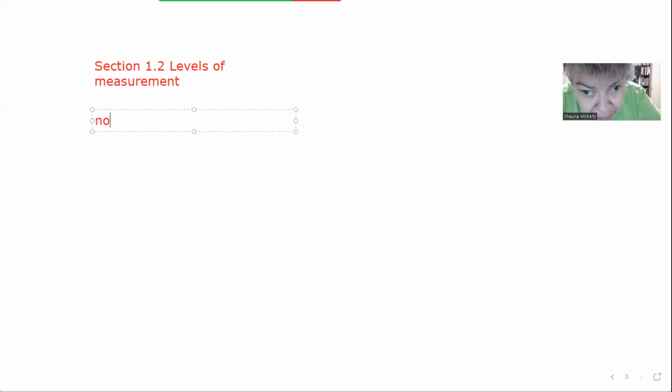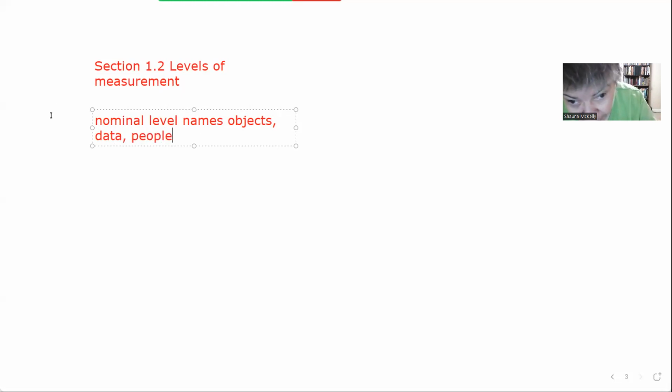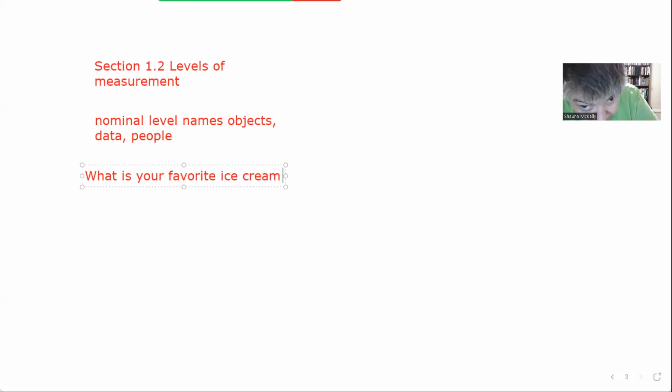So nominal level just names things. Nominal comes from the word name in it, names objects, data, people. So this could be things like, for example, what is your favorite ice cream flavor?